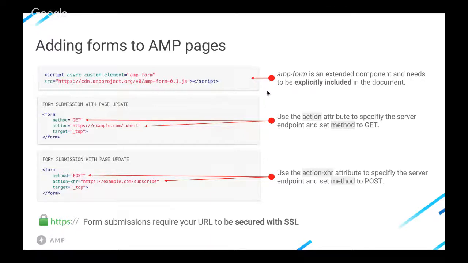And now you have two ways of embedding forms. Just as you know it, there is the form submission with the page update, and there's a form submission with the page reload. For example, you can use the method attribute and set it to get.